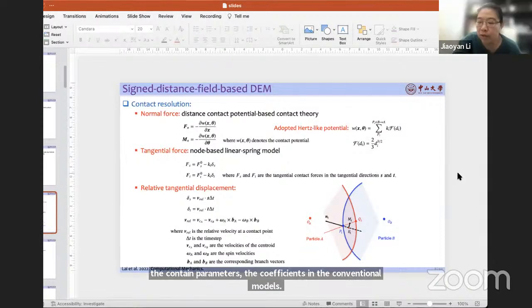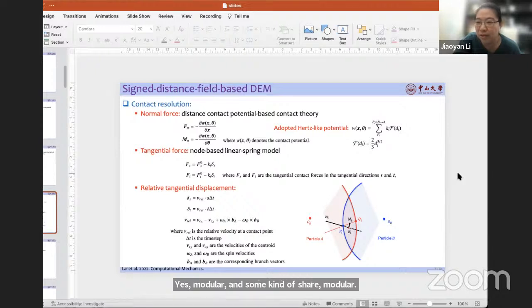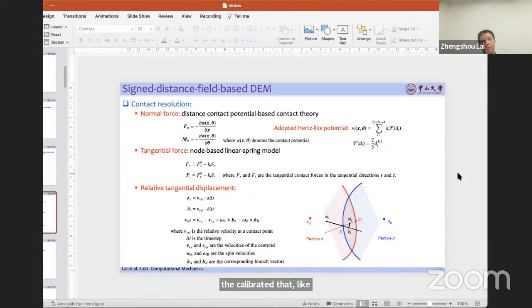Then are you able to match, say, Young's modulus and the shear modulus with the calibrated coefficients? Yes. For the case of spherical particles, the coefficients can be well matched.